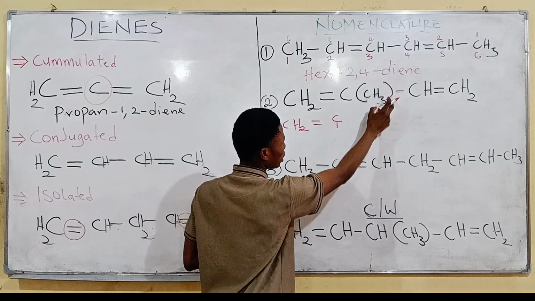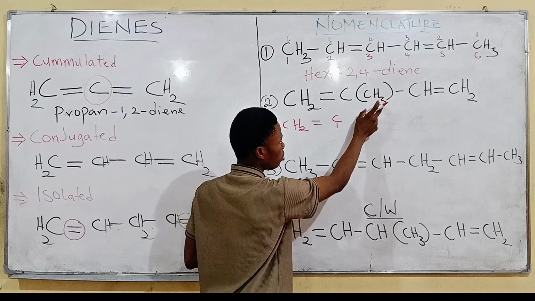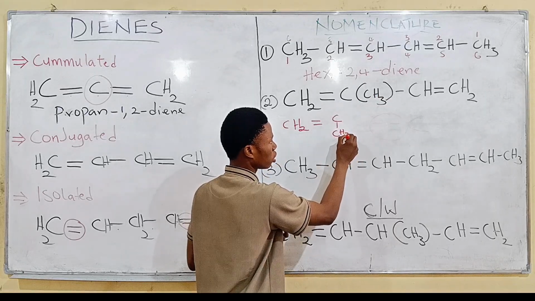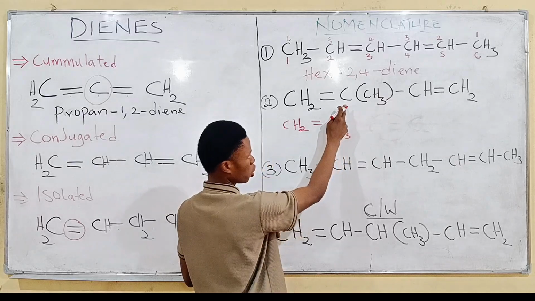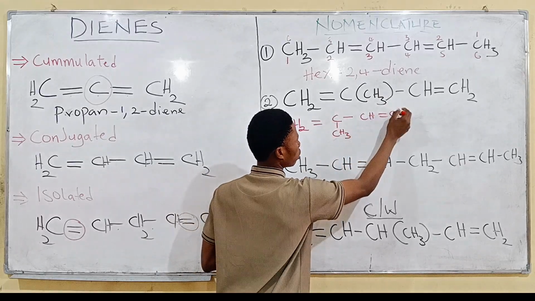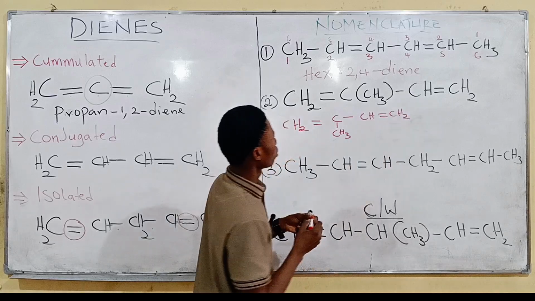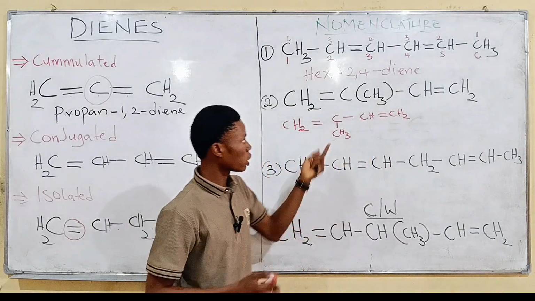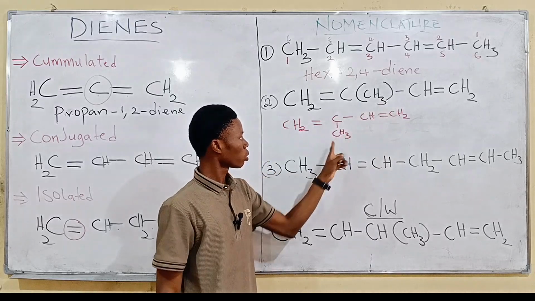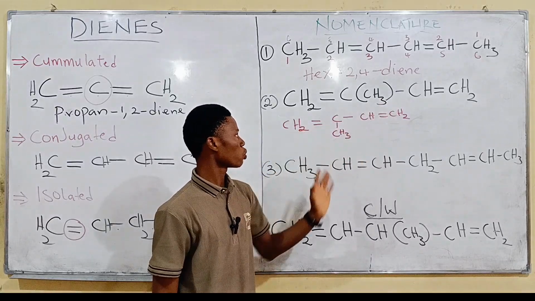This bracket then I put CH3 means bring it out. It's a substituent. It's not part of the chain. Are you seeing it? So I just brought this one, put it on this carbon, then I continue. So this whole stuff is the same thing as this. So anytime you see a bracketed substituent, just bring it out. This is it. This is how it's supposed to be.